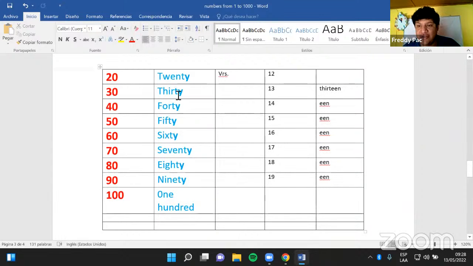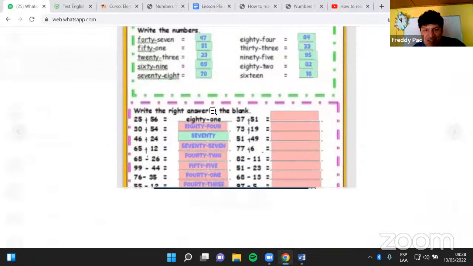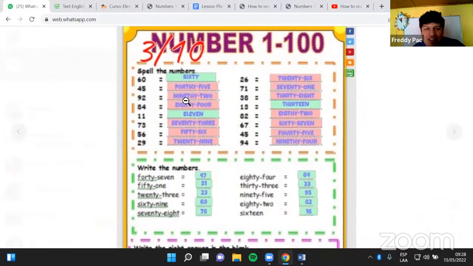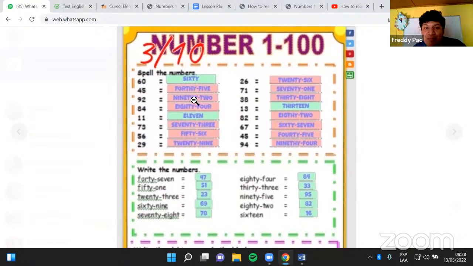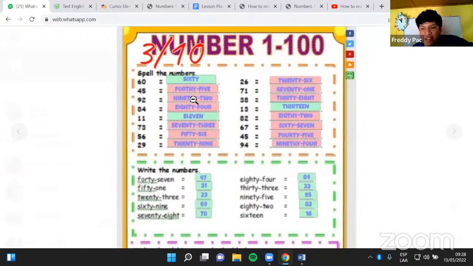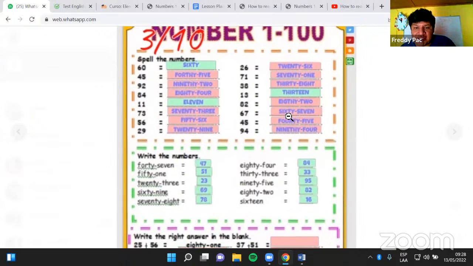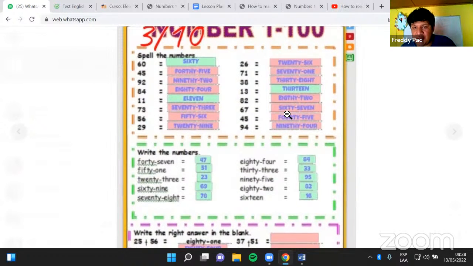So it is incorrect. Careful with the spelling, yes? And you are using an H in 90. It is a good spelling, but you have to take off the H. Avoid the H later, okay? So careful with that. For example, this 67 is correct. No H, that is the way.